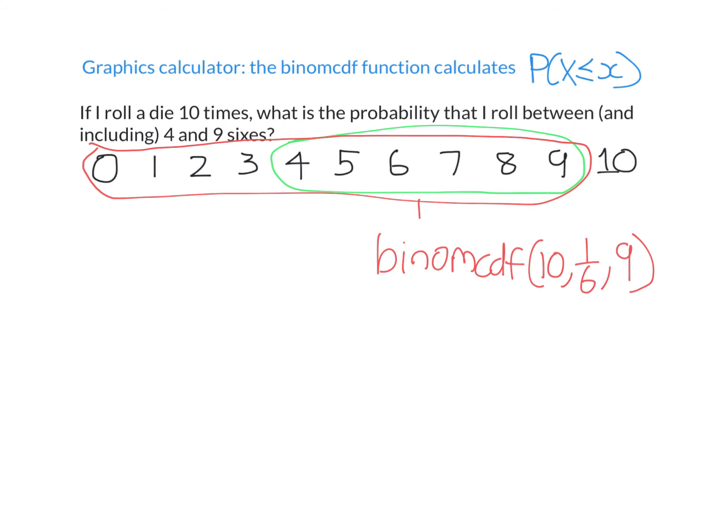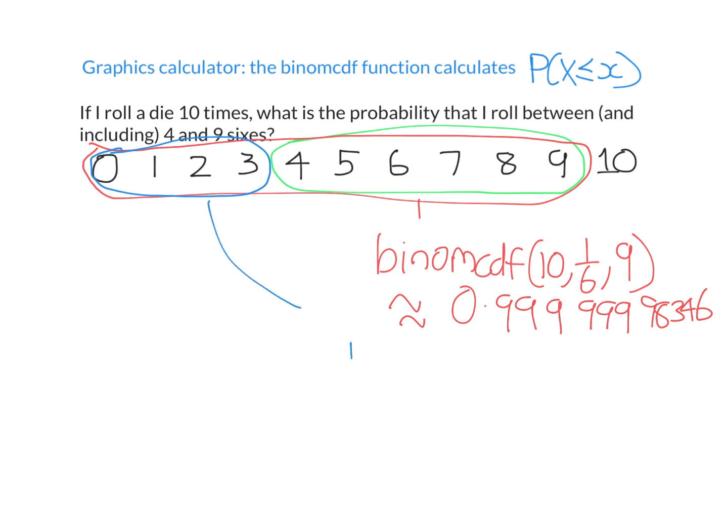So if I put this on my calculator, I get about 0.9. There's lots of 9s, and that kind of makes sense because the probability of getting 10 6s is really, really low. So this is the probability I get 9 or fewer 6s. So I can also use this function to calculate the probability that I get 3 or fewer 6s.